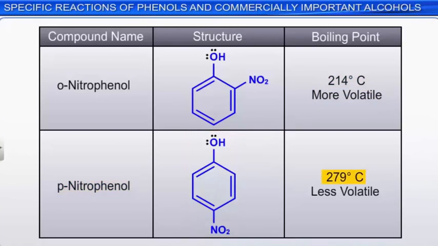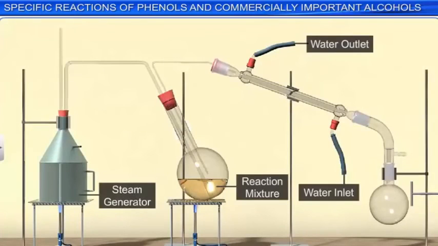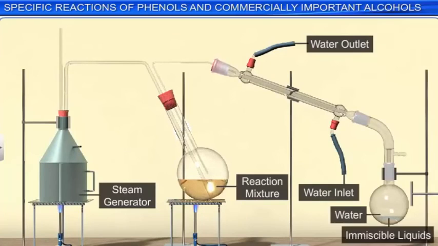We can use the difference in their boiling points to separate the isomers by steam distillation. Orthonitrophenol is steam volatile, but para-nitrophenol is not.